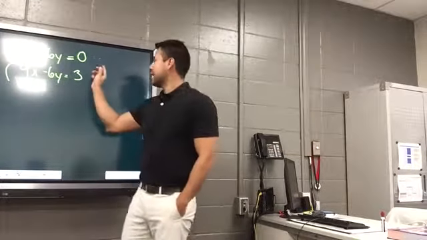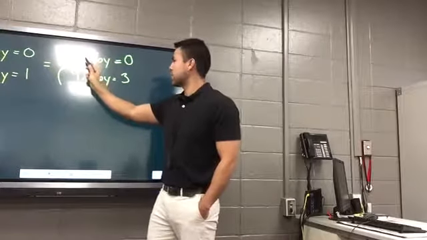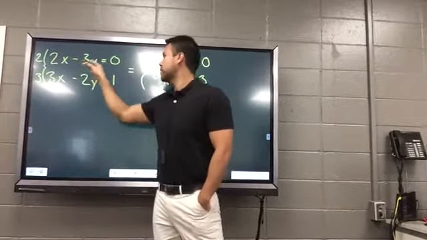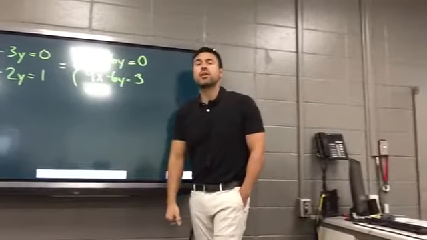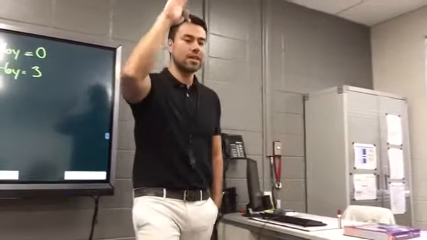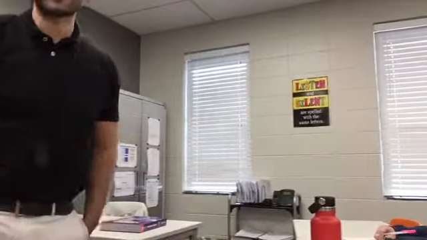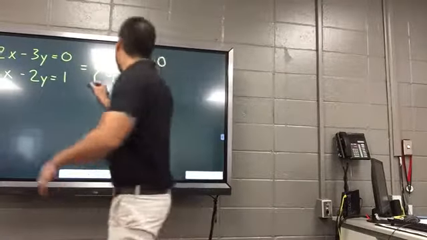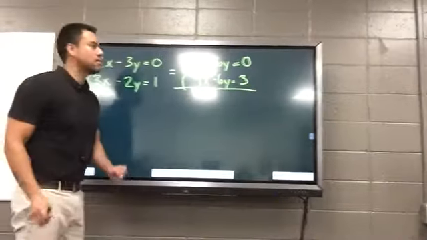By the way, is 4x minus 6y equals 0 different in value from 2x minus 3y equals 0? No. That's why the whole lesson is called Solve Equivalent Systems of Linear Equations. Okay, but anyway, do I want to add these two or subtract them?